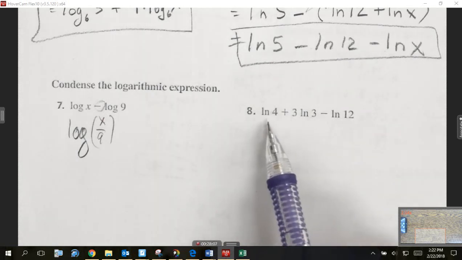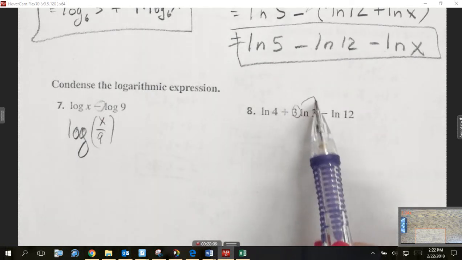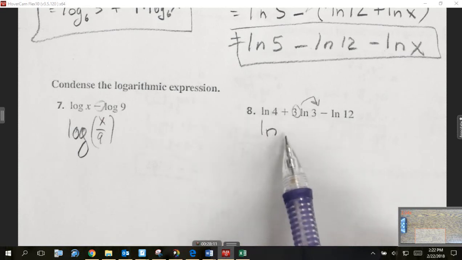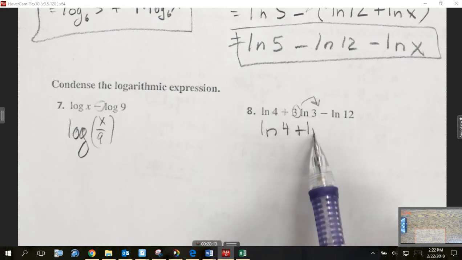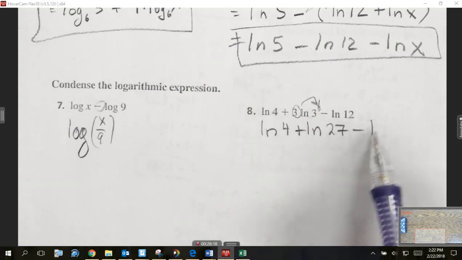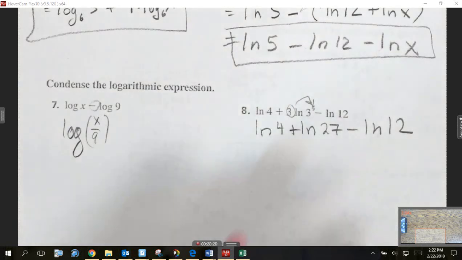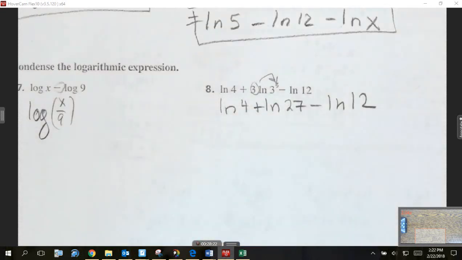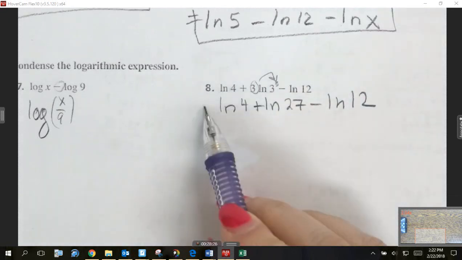Number 8, I've got a cube that I'm going to move up and make that 3 cubed, which is 27. And then anything that's addition ends up on top. Anything that's subtraction ends up on the bottom.